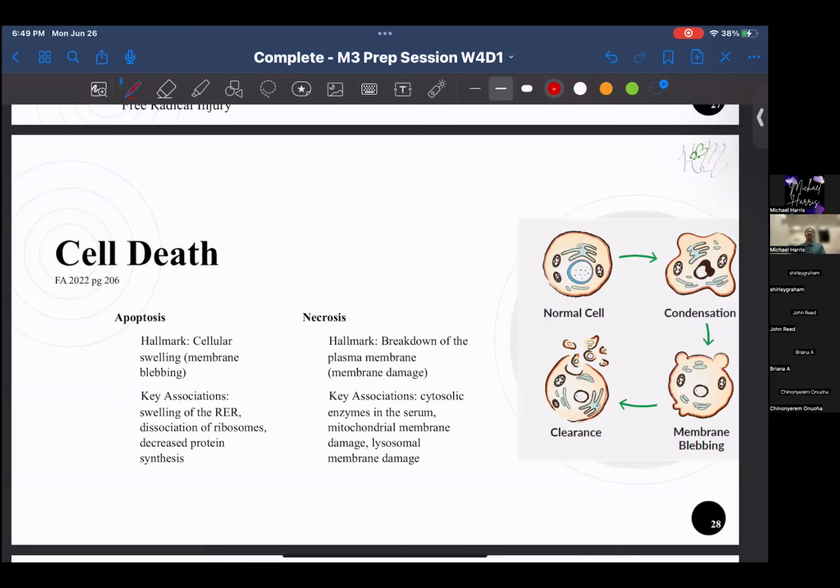So it gets red and inflamed. It says, whoa, whoa, whoa, this isn't right. Let's bring in macrophages to clean up all this crap. I don't like these enzymes floating around. Yes, it's a very messy death, exactly. Okay? This is the hallmark for necrosis.